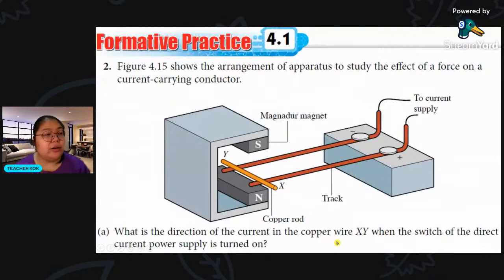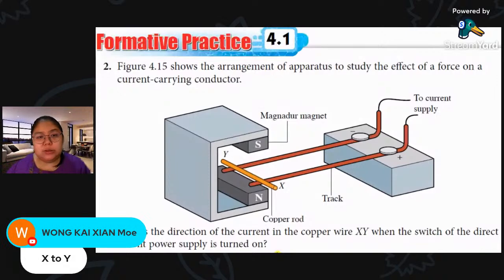Now you tell me how the current flows through the copper rod, X to Y or Y to X. When you see the positive and negative, then we know how the current flows. Yes, correct, Cassian, X to Y.